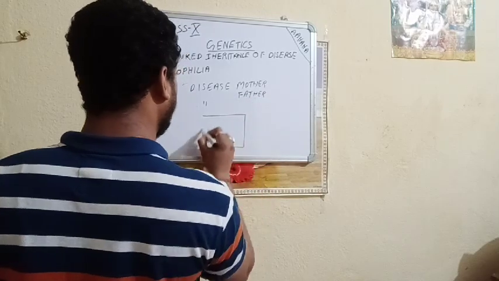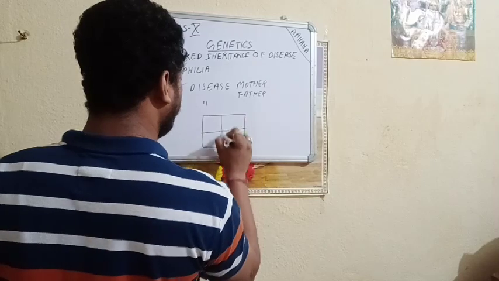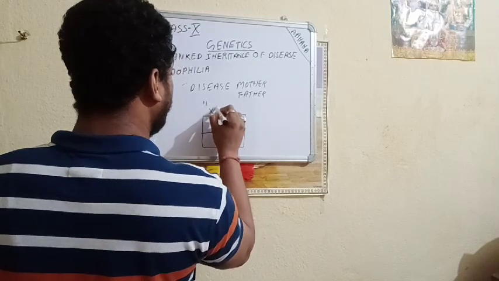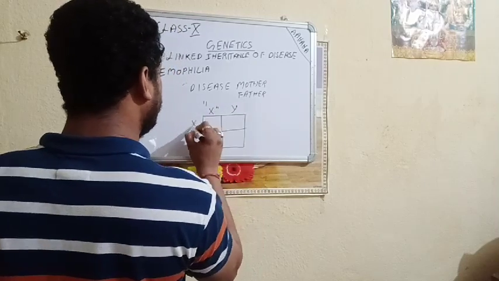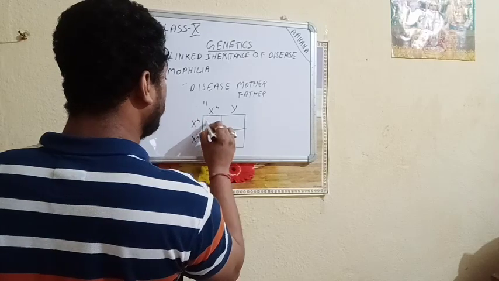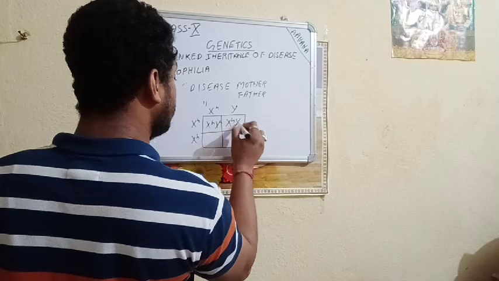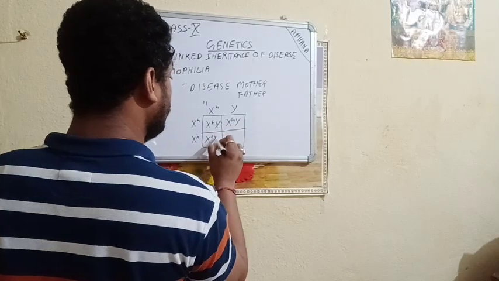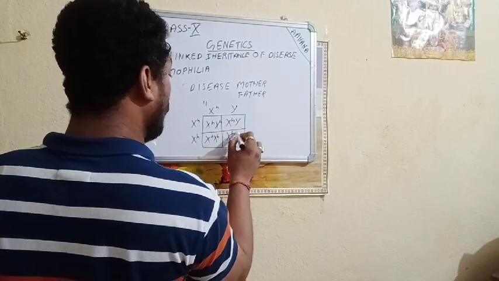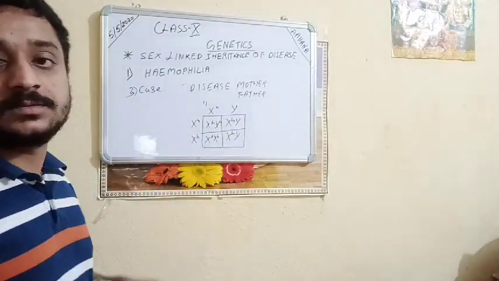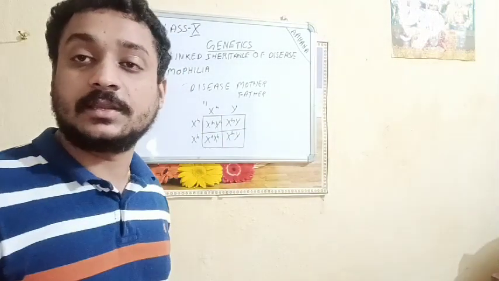So automatically everyone has an idea now that if the father is diseased and the mother is also diseased, all the offspring will have the hemophilia disease. Of course, yes. See, all the offspring have got the disease.